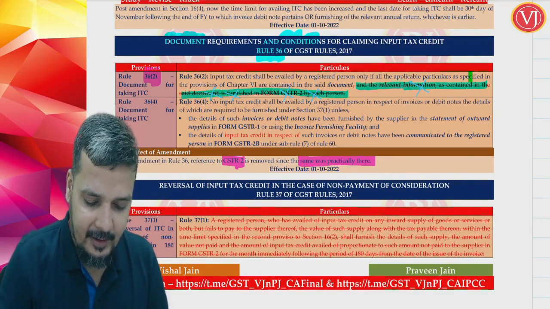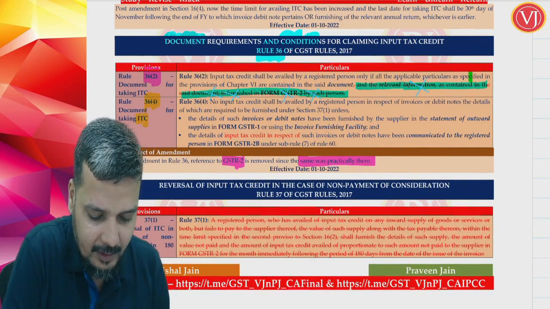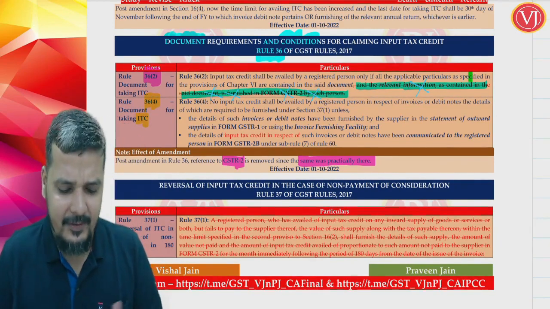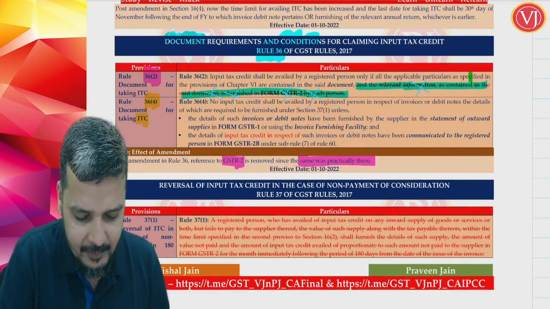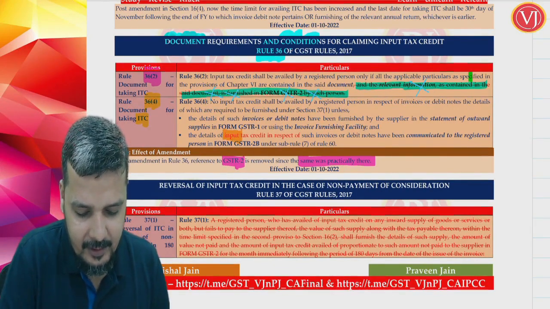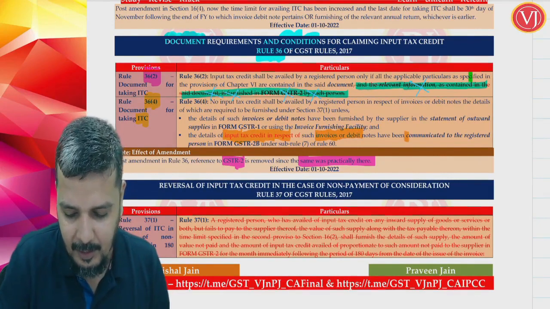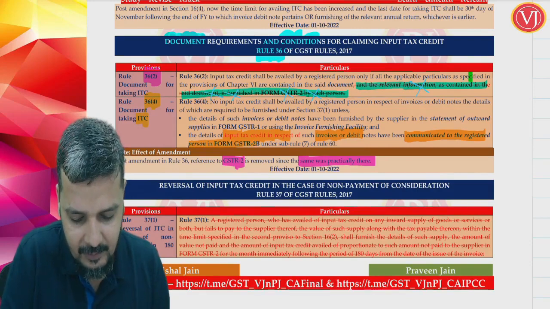And then there is another condition, rule 36(4), documents for taking ITC. They have just corrected the grammar. If you want to get input tax credit, the details of that input tax credit on such invoice should be communicated to the registered person in GSTR 2B.